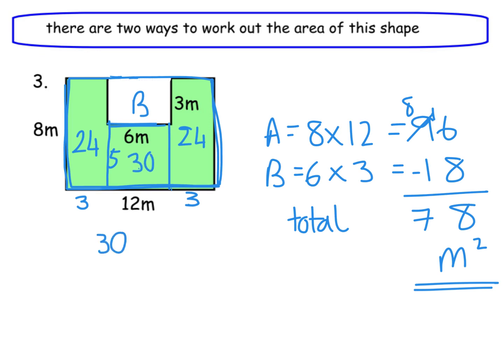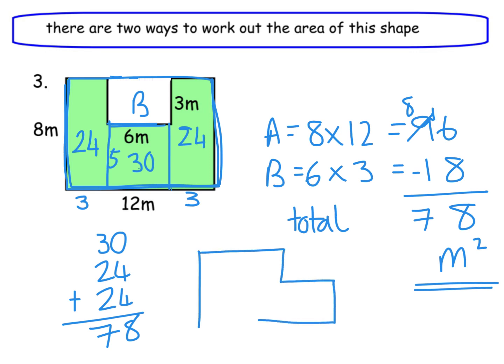And if I do 30 plus 24 and add them all up, I also get 78. So 2 methods, but sometimes, even the other 2 I just did, when I've made this shape, you could do the whole outside shape minus this little bit if you want to as well, instead of splitting it into 2. It's entirely up to what you see, okay?